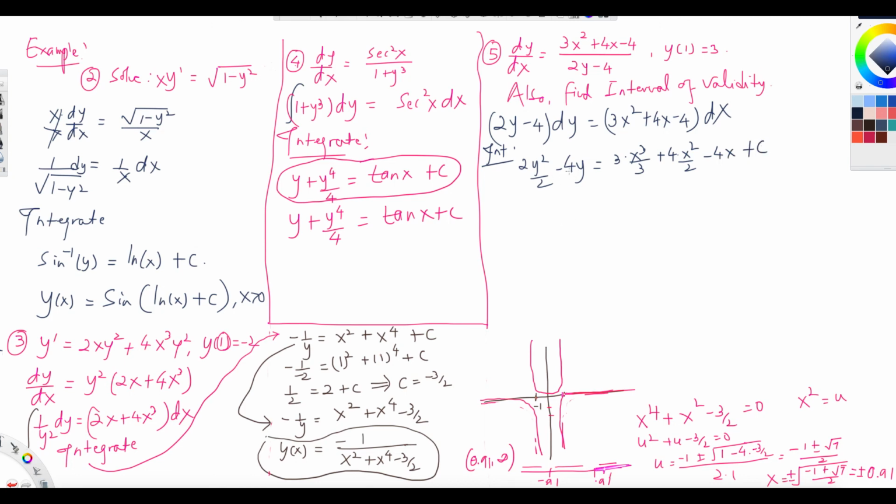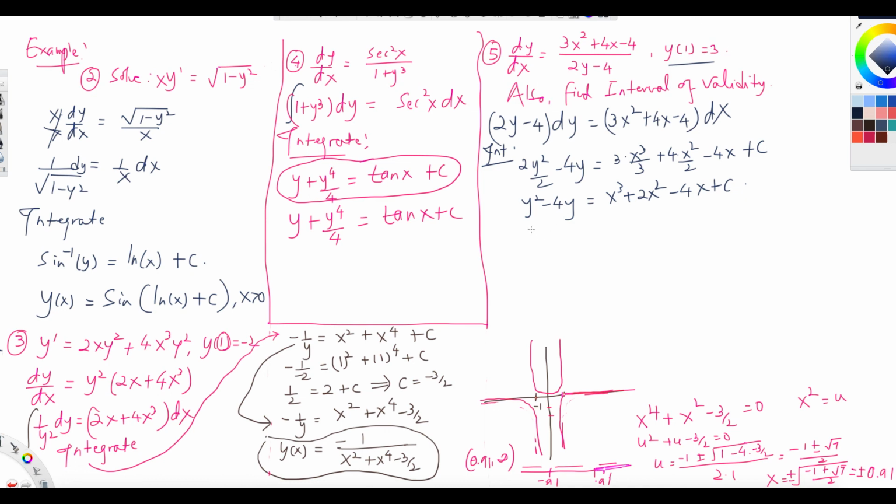Okay. So here you get y squared minus 4y equals x cubed plus 2x squared minus 4x plus c. Now I want to use the given condition to find c. So how do I do that? Replace x by 1 and y by 3.